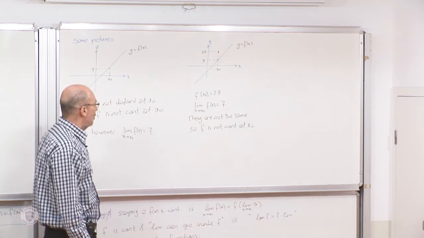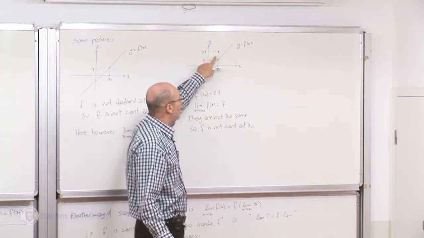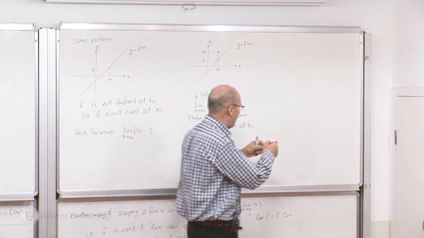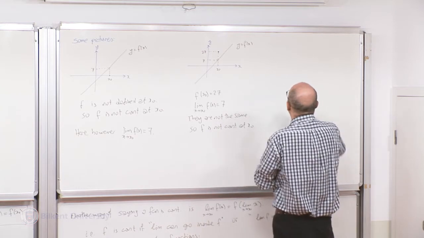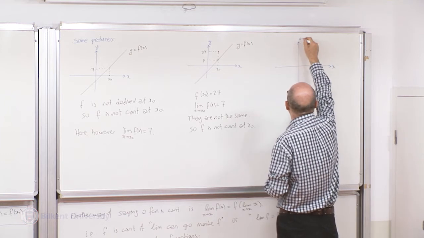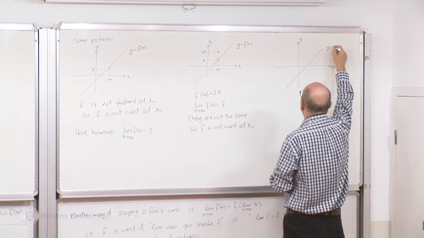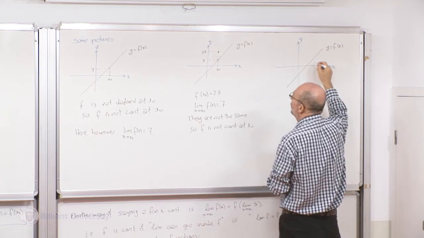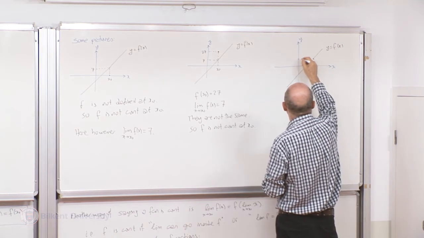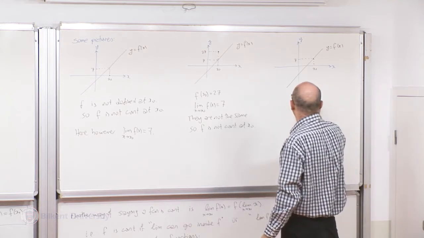Now we know what we have to do. There must be a value, so I put a value, but I put it in the wrong place. In order to make this continuous, I have to bring it here. So in the last example, this is my y equals f of x. This is x sub 0, and corresponding to this, I have 7. Now I calculate f of x sub 0.